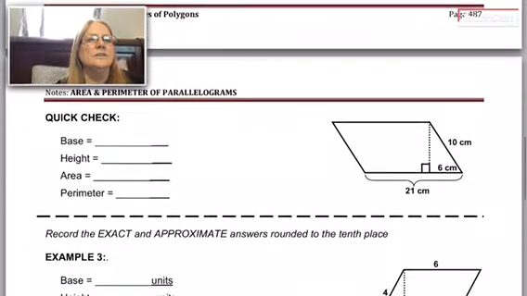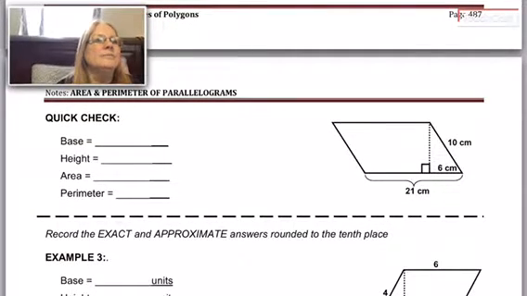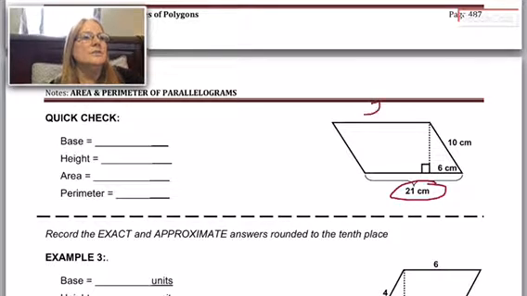Okay, let's look at this quick check here. We have everything we need, but we do not have the height given to us, so we'll have to find it. We have 21 for the side, so this side's 21, this side's 10, but we need to find the height.